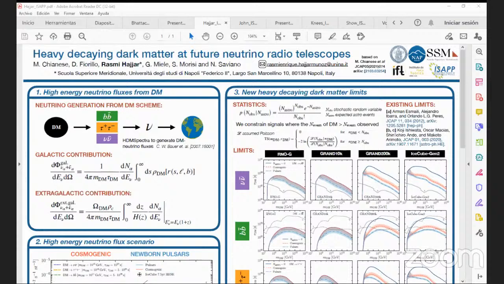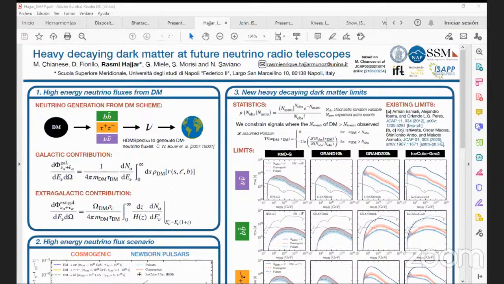In the first panel, I show the scheme of neutrino generation from dark matter, where the dark matter particles decay into a pair of standard model particles. In this work, we are going to focus on three channels, the b, tau, and nu channels.